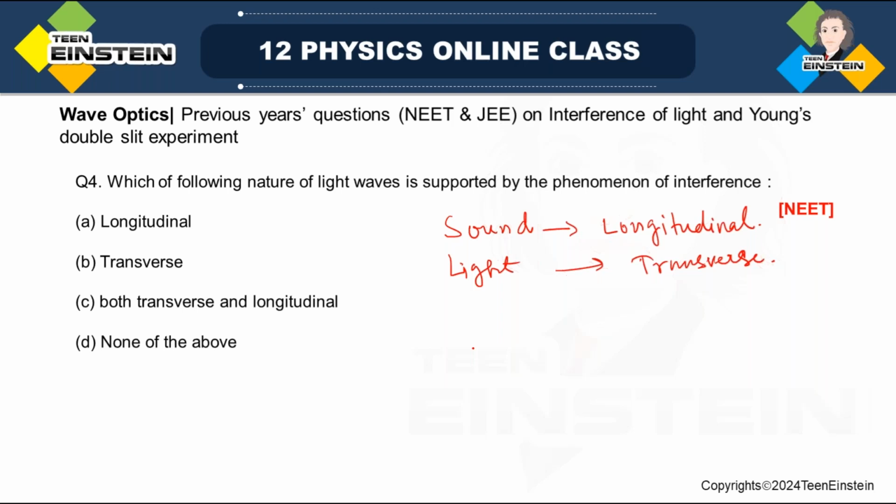So we can actually go with this option because we know the interference occurs in both the cases. It happens for both actually. So we cannot say none of the above.